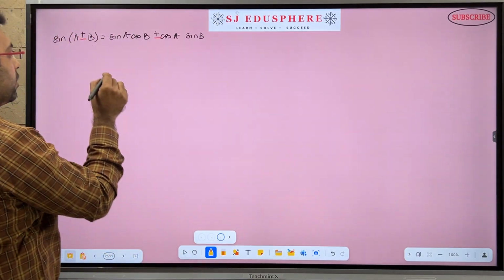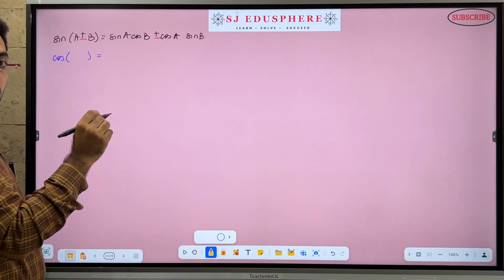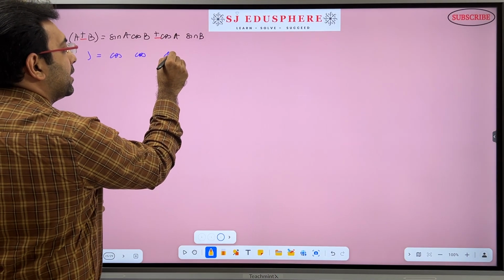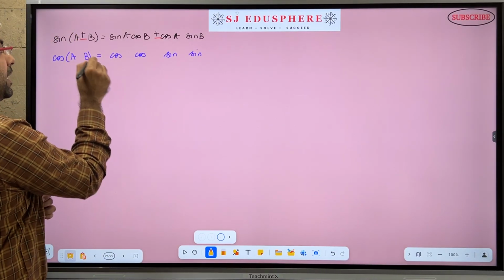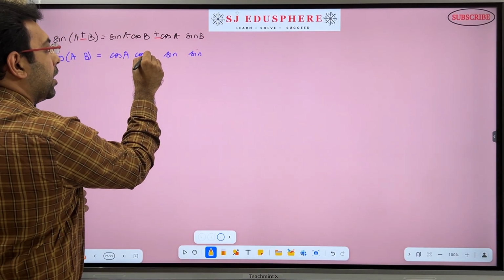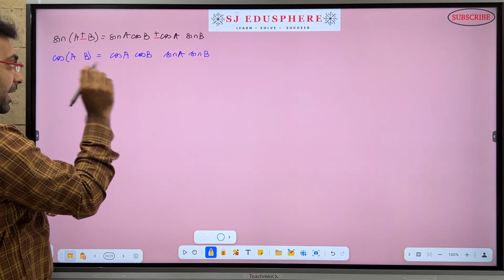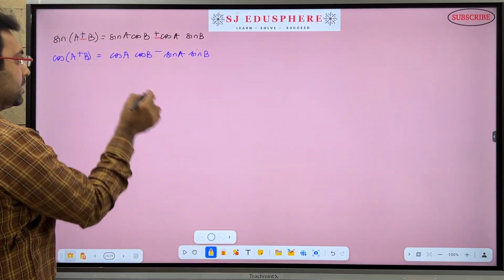Similarly, I go for cos. What was my tune for cos? Cos comes with cos. So cos, cos, sine, sine. So cos of A and B will be cos A cos B, sine A sine B. If I give it a plus, it will give me minus.